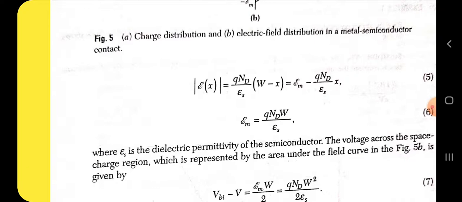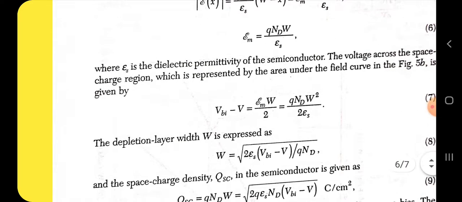The voltage across the space charge region, which is represented by the area under the field, is given by VBI minus V is equal to Em W by 2, which is equal to qNd W square by 2 epsilon s.